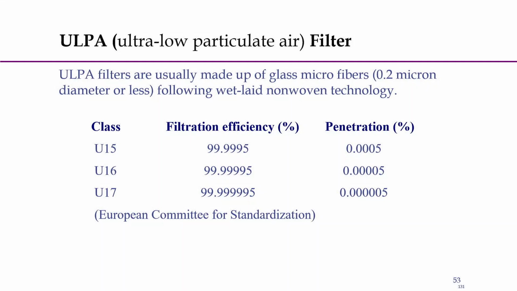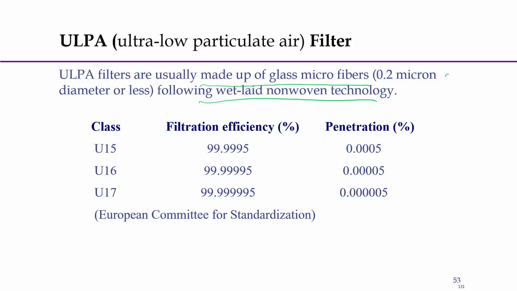And then the European standard also has classified what is called ultra low particulate air, that is ULPA filter. These are usually made up of glass microfiber. So, very fine, 0.2 micron or less, and it follows the wet-laid method, where the penetration is very small and we can get very high filtration efficiency.